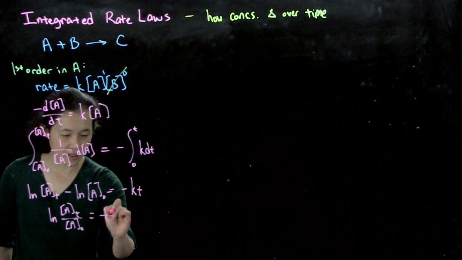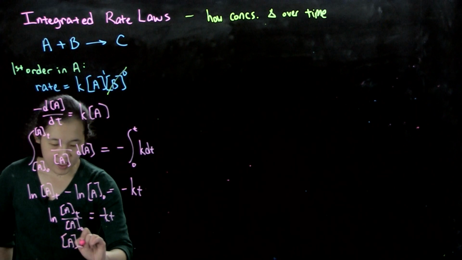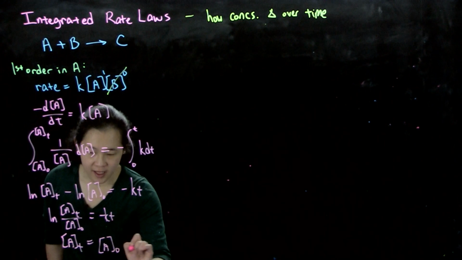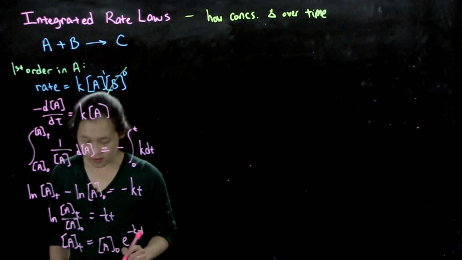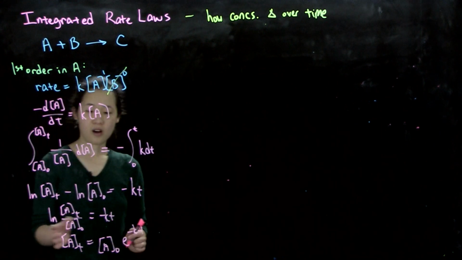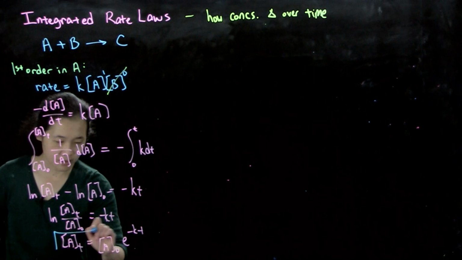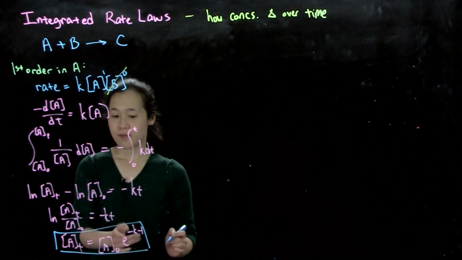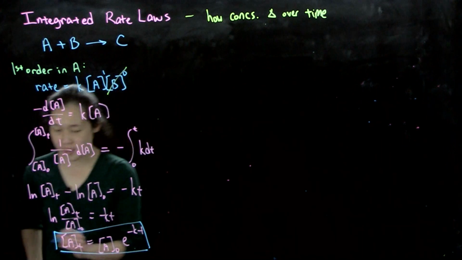Therefore, A at time t equals our initial concentration of A, e to the negative kt. So this is our integrated rate law for a first order reaction. So we know how the concentration of A should change over time. It should be related to e to the negative kt.